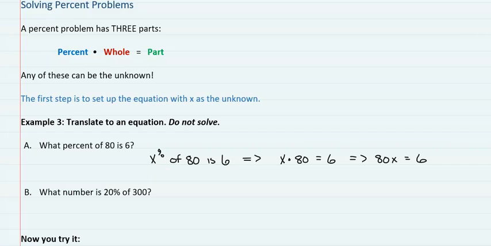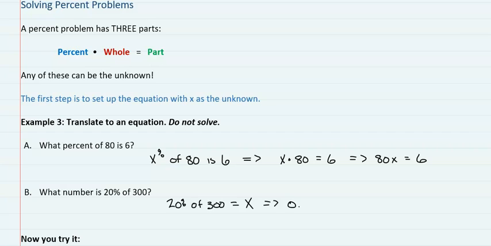All right, so the next one is, what number is 20% of 300? All right, so think about this one for just a moment. 20% of 300. So we get 20% of 300 is what number? Okay, so we're going to rewrite this as an algebraic expression.